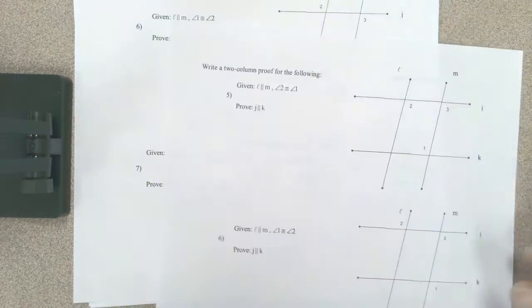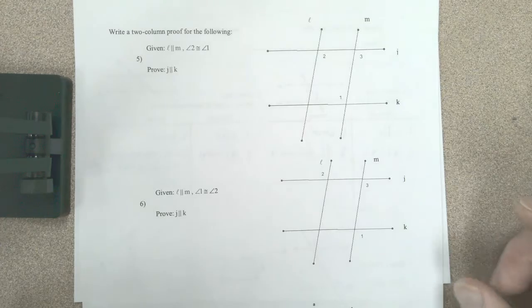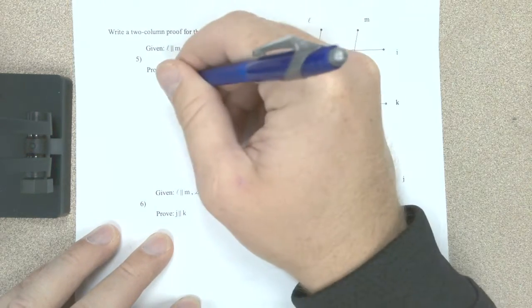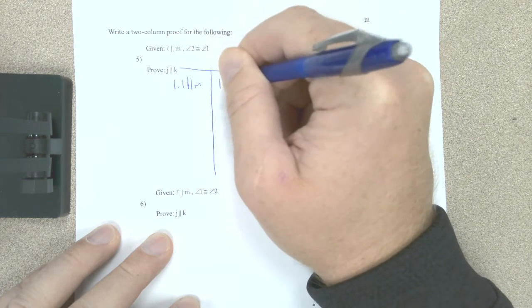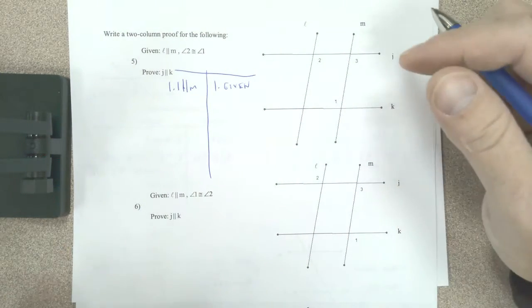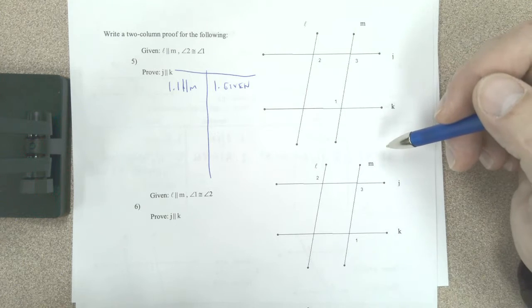Okay, let's flip it over to the back, number 5. So number 5, in this one, they're giving us that L is parallel to M, and they want us to prove that angle 2 is congruent to angle 1.